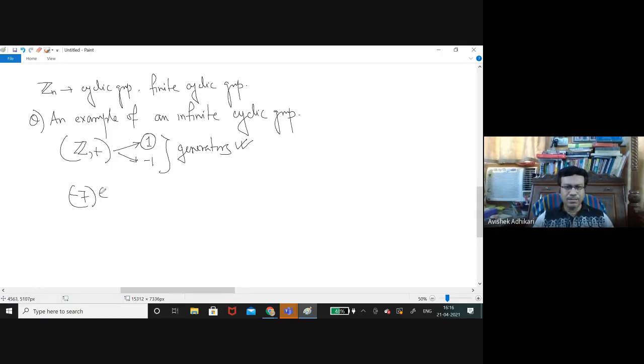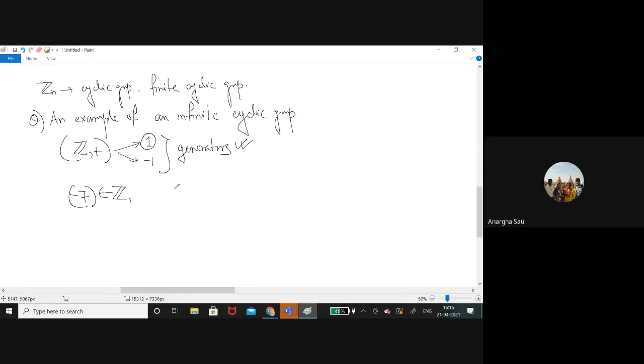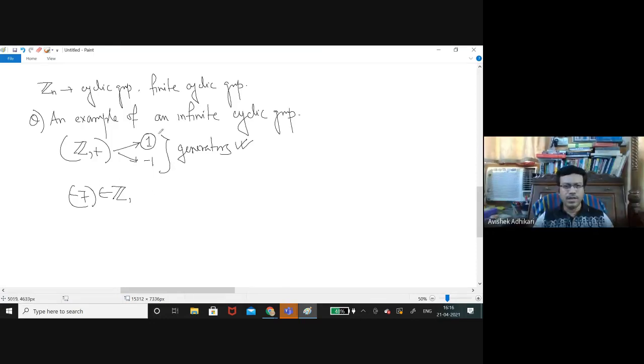Minus 1 plus minus 1, 7 times, actually. No, I consider 1 as your generator, right? So you must express any integer of Z in terms of 1. That is the concept.